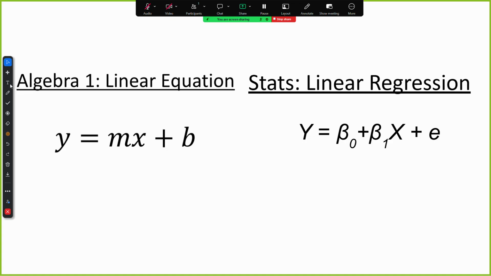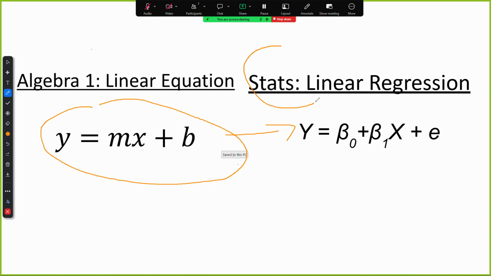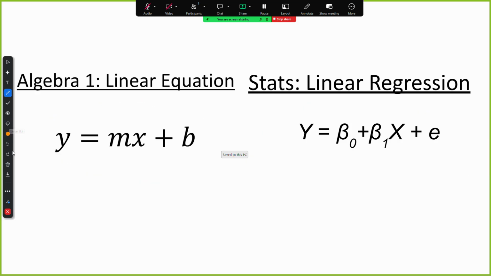Now, let's relate the algebra to the statistics. This is our old algebra equation that we all know and love. But now we need to look over at stats, because that's the whole fundamental idea behind AI and machine learning. Our linear regression is very similar.